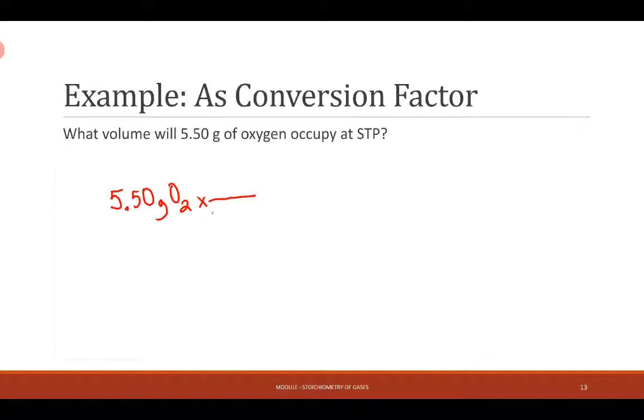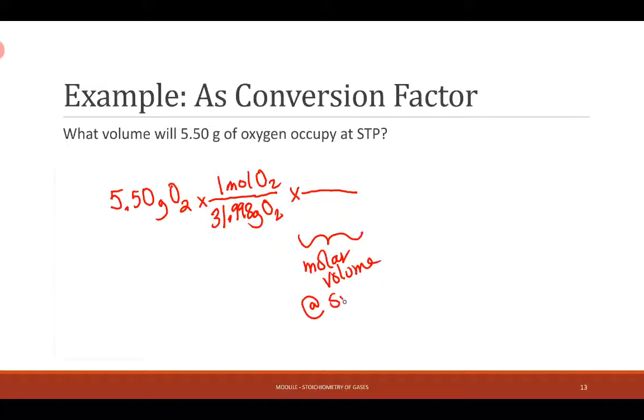And so oxygen's molar mass is 15.999 times 2, which is 31.998 grams. You need to cancel out my grams, so that's in the denominator. And then I put the moles in the numerator. And now I can use my molar volume because it is a gas.